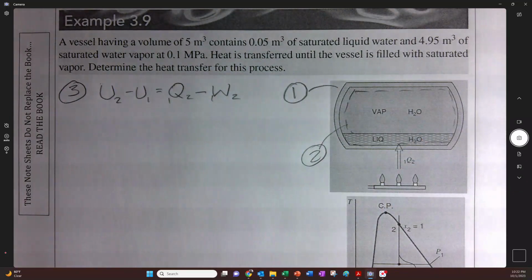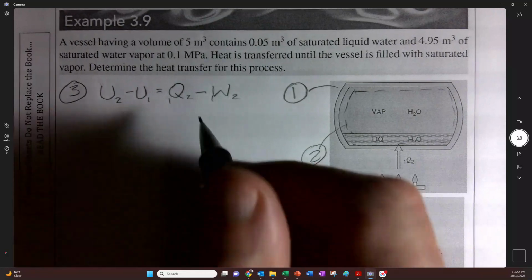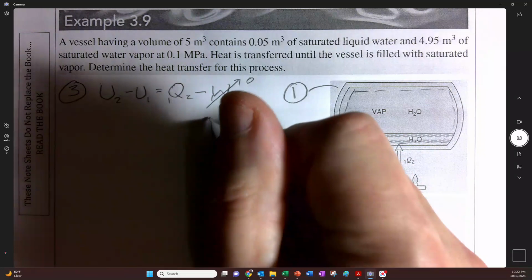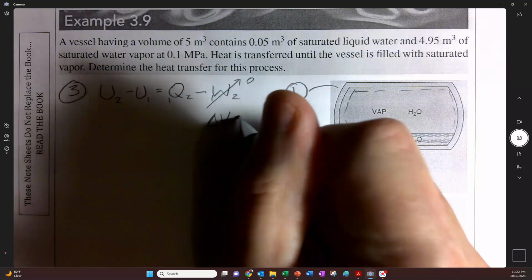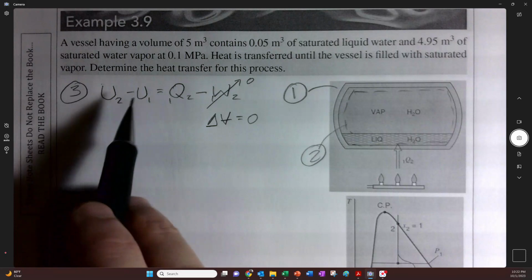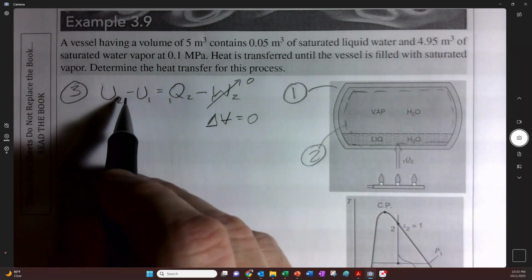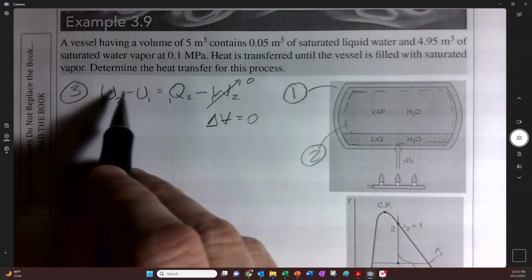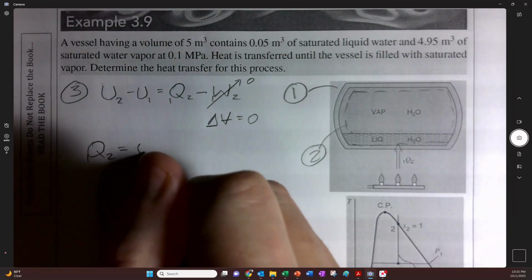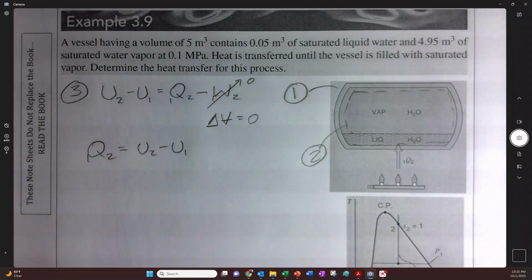That's our first law equation right now. The work is going to be 0 because the volume change is 0. So the heat is going to be the difference in internal energies, U2 minus U1, which is what we're trying to find.